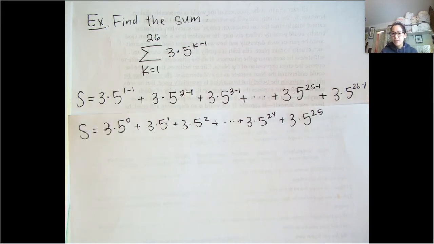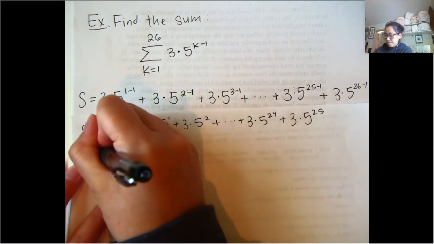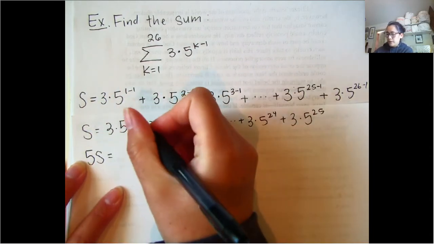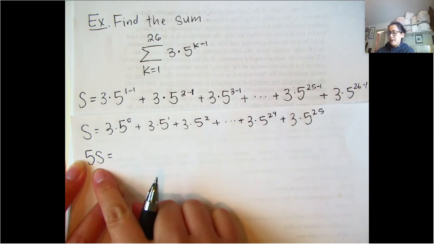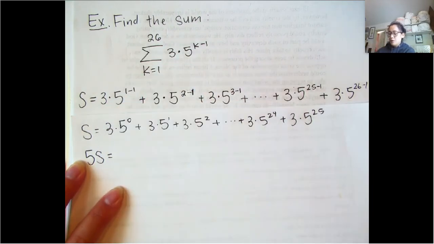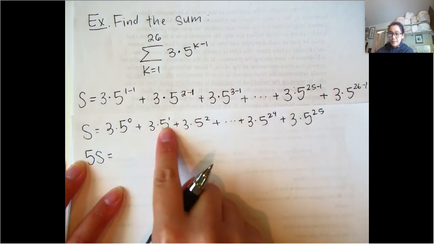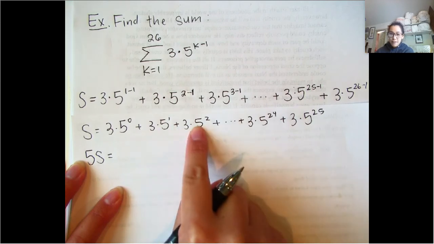Now we're going to multiply this entire expression by the common ratio, which is 5. We have to distribute the 5 to each and every term. So 5S equals, and remember S is the sum that we want to find, we're multiplying each term by 5, which means each of these powers is going to increase by 1, because 5 times 5 is 5 squared, and 5 squared times 5 is 5 cubed.